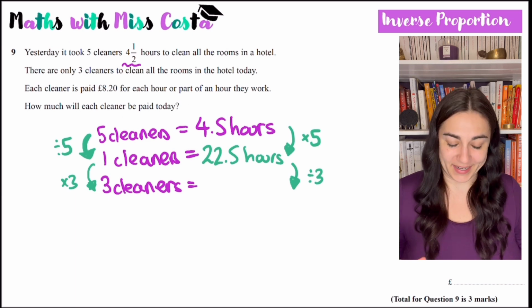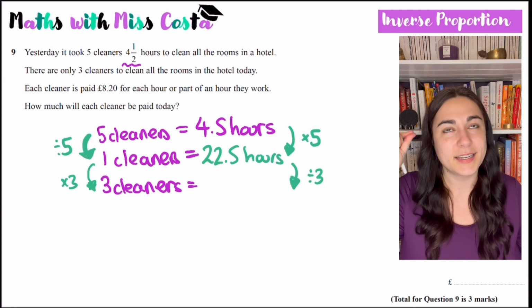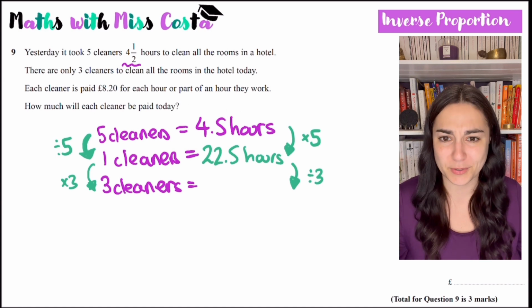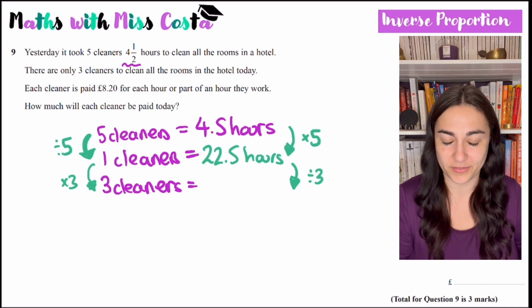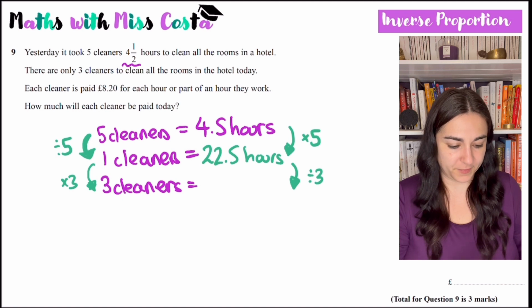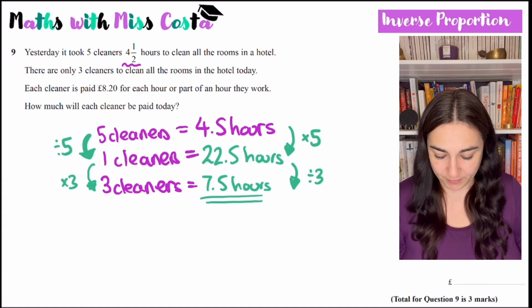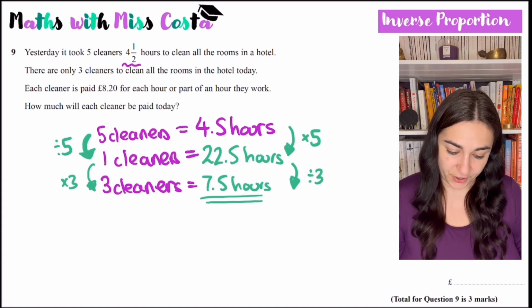Because obviously 3 cleaners are going to make the job faster. So that's why I'm dividing. But some people found it really counterintuitive because we're so used to dealing with direct proportion. So 22.5 divided by 3 gives me 15/2, which is 7.5 hours. So I know it's going to take these 3 cleaners 7.5 hours to clean the hotel.